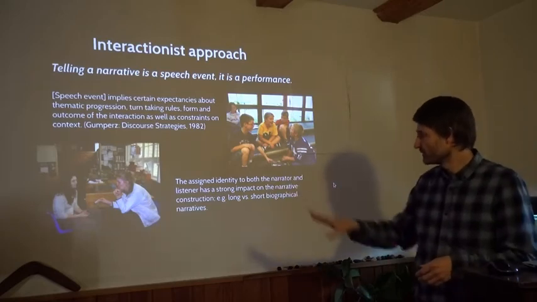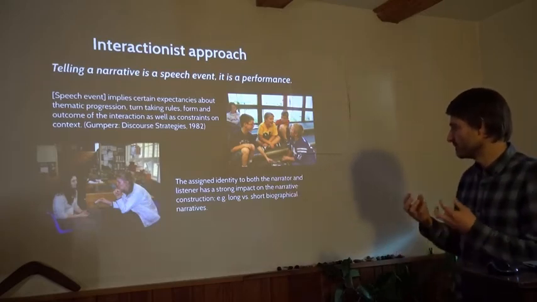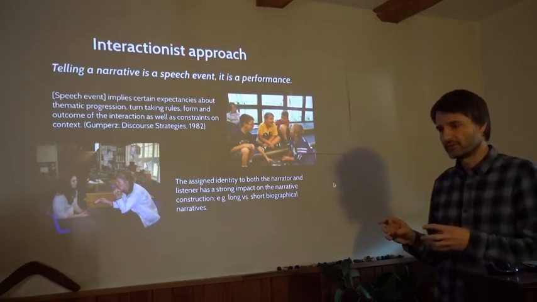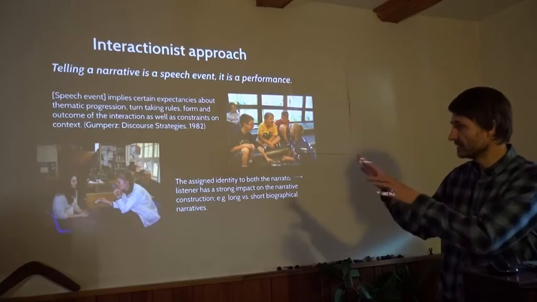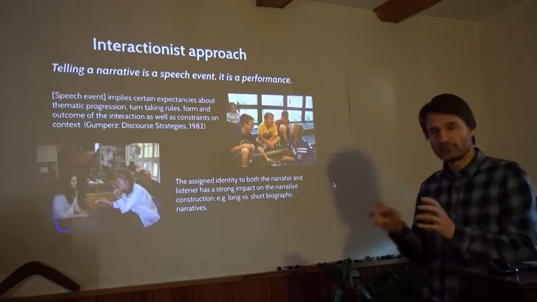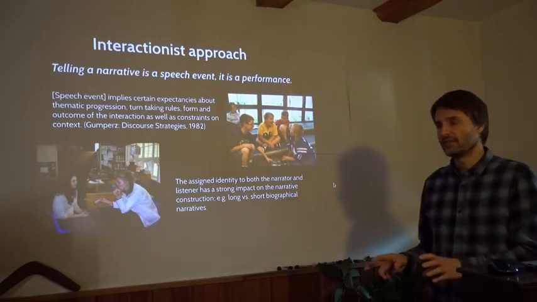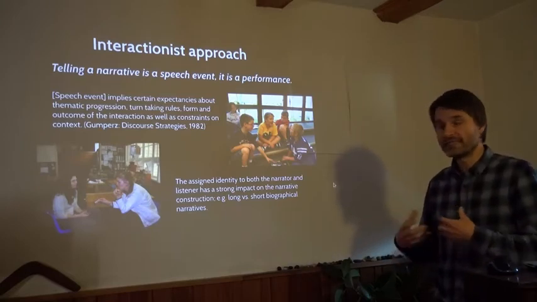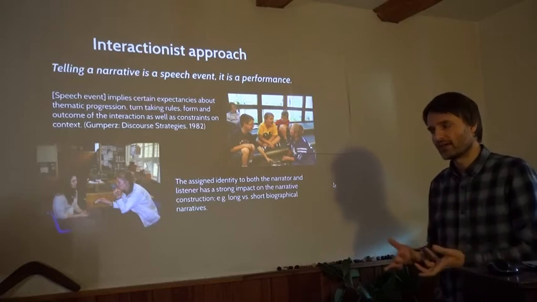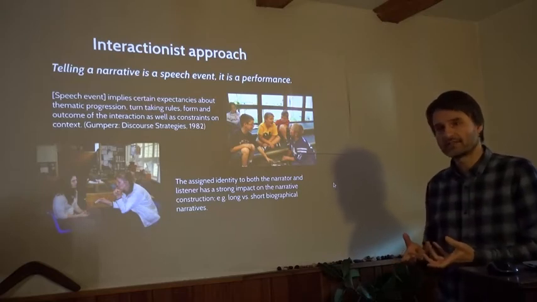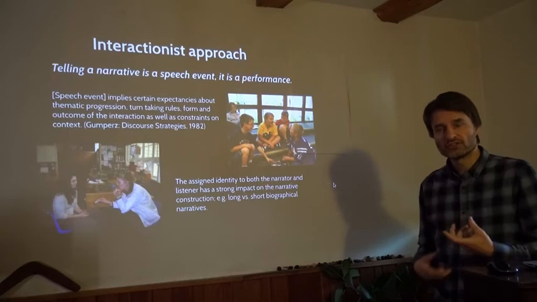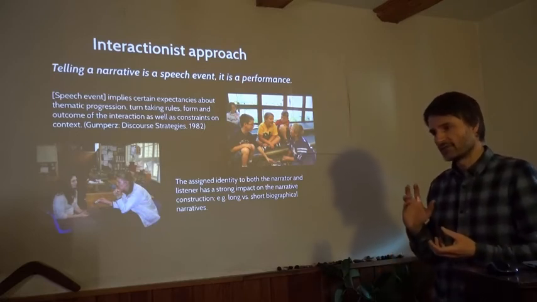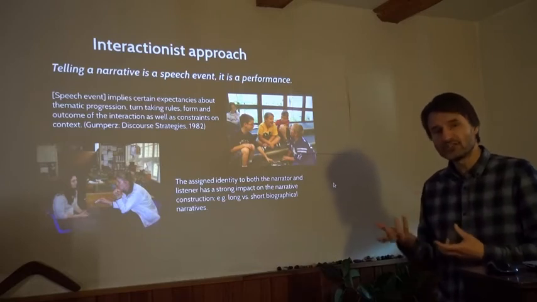What is also important is that the identity of people assigned in the situation is important for telling stories. If we receive the identity of a bad guy, our stories are always regarded as justifications or excuses, this hermeneutic of suspicion.